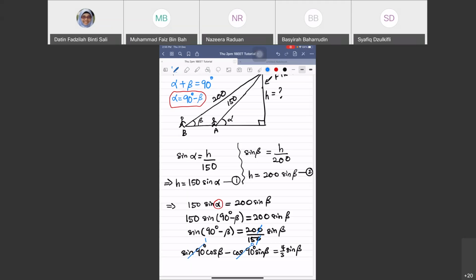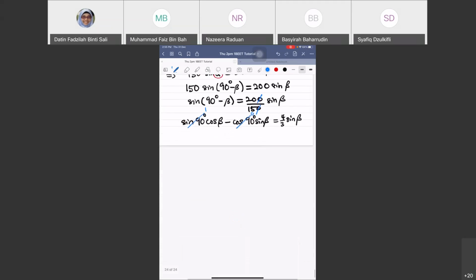So cosine 90 degrees times sine B is 0, so on the left hand side, what you get now is just cosine B. And on the right hand side is your 4 over 3 sine beta.